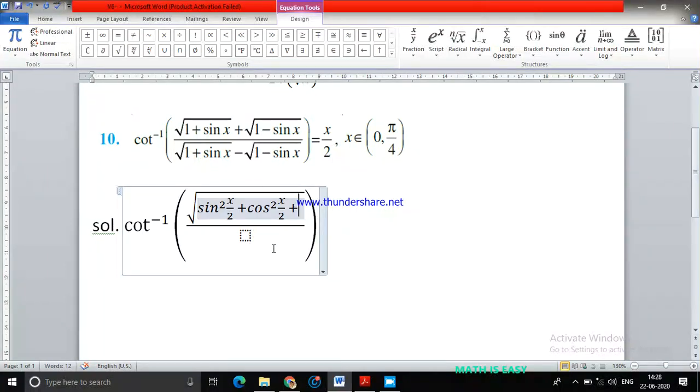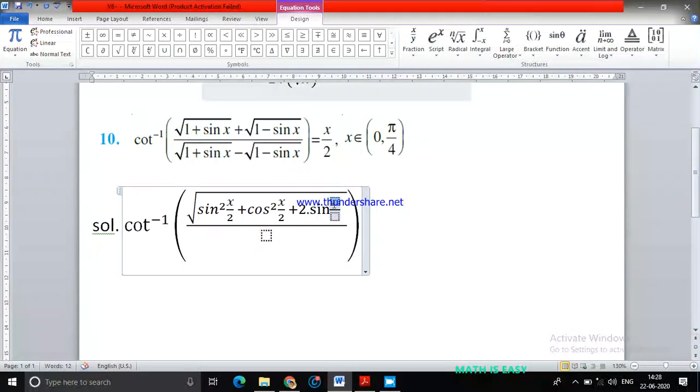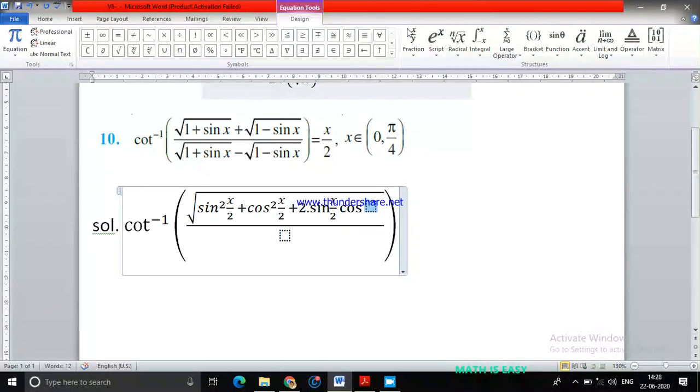Here we have sin x only, so this will become 2 sin x by 2 cos x by 2, half of the angle.